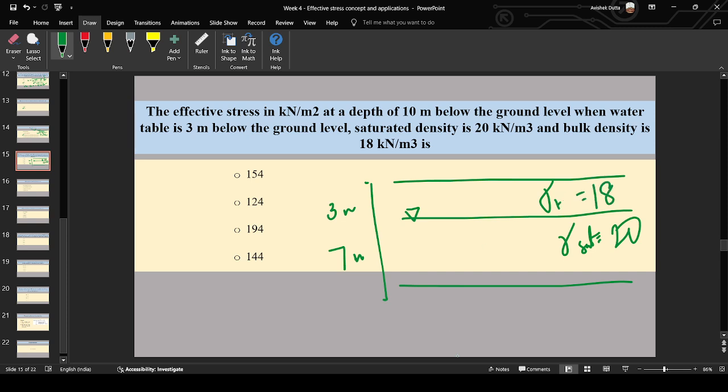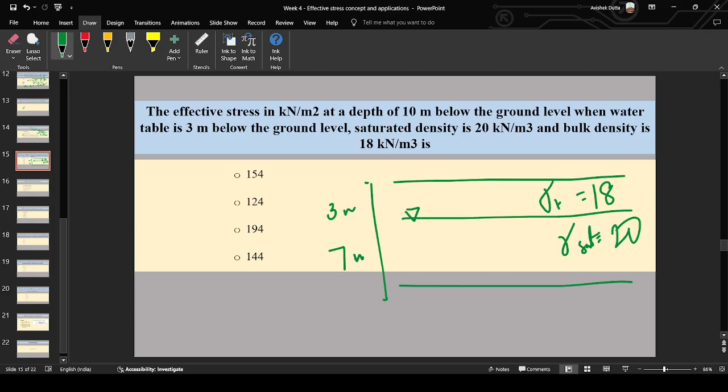So here nothing is said about the capillary suction. So what shall we do? We shall use the general formula. Effective pressure equals, first for the first 3 meter layer, gamma W is not given. We will consider gamma W equals 10.